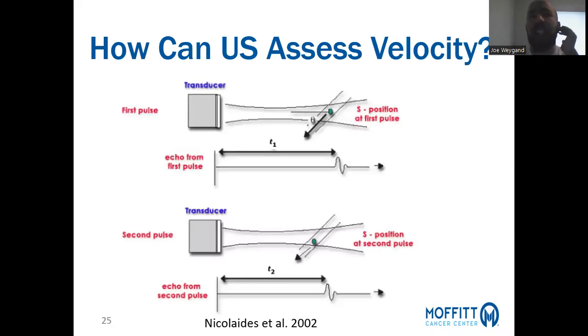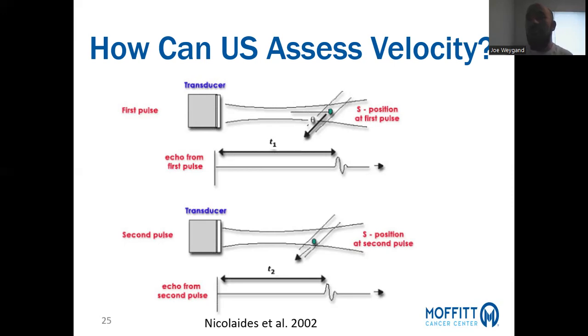Right? So if we wanted to design an experiment with ultrasound that could measure the velocity of a moving particle, one way that we could do that is through multiple pulses. If we sent an ultrasound wave and then measured the amount of time that it took to go from the transducer to the particle and then back to the transducer, we'd call that time T1.